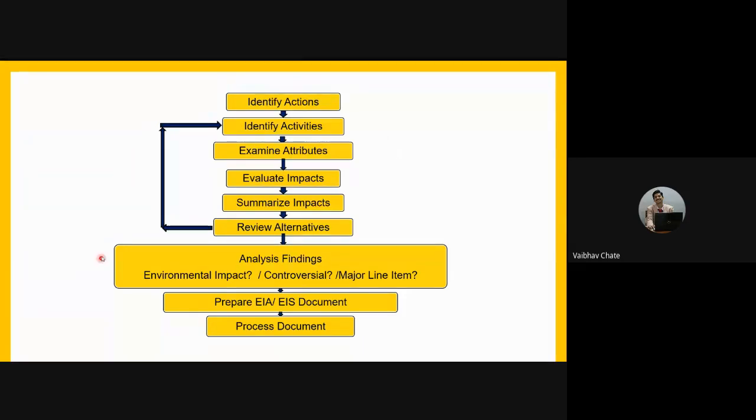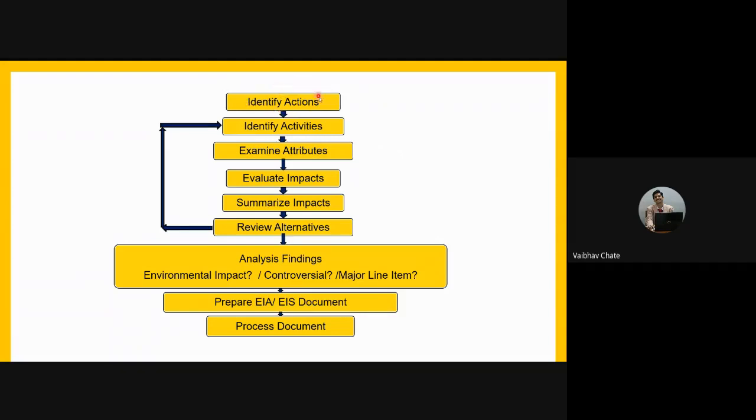This is the flow chart that corresponds to the step-by-step process for conducting EIA. These are the various steps by which environmental impact assessment is done. Based on the results and the findings, we might go for EIA, we might go for EIS, or we might go for negative declaration.